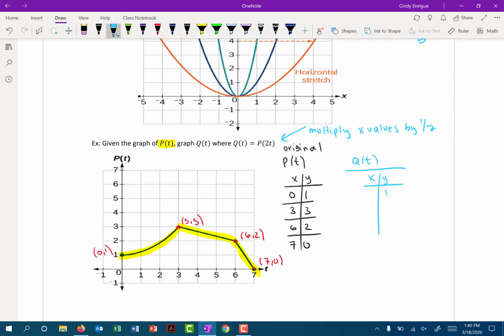So I have 1, 3, 2, and 0. So I'm going to multiply this by 1/2. Well, 0 times anything is just 0. This times 1/2 gives me a 3/2, which is the same as saying 1.5.